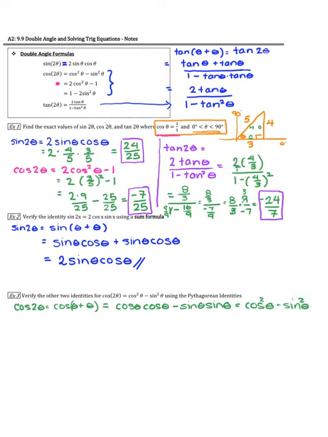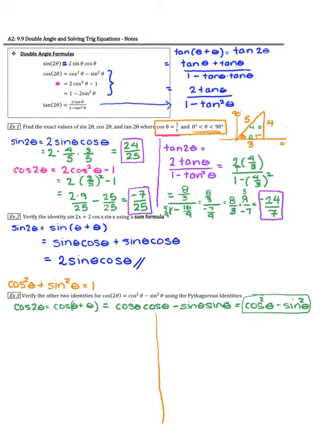All right, so that's one of the identities, and this wants us to derive the other 2. And the way you do that is using your Pythagorean identities. So a little reminder here that cosine squared theta plus sine squared theta equals 1. That was from 9-7. I believe you got your Pythagorean identities.